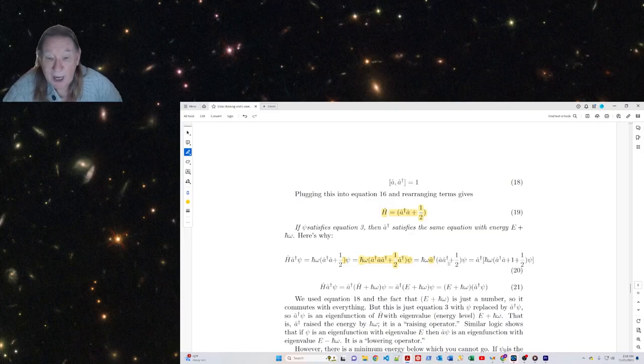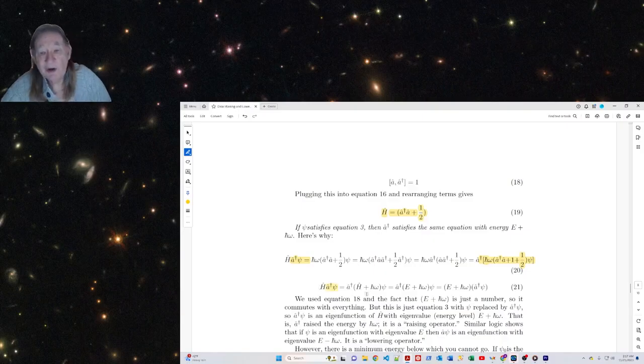And if I apply the commutation relation, the commutator of A and A dagger is 1, then this is what I get. Now I've just rewritten equation 20, the left side, this term, and this term, and this is what I get.